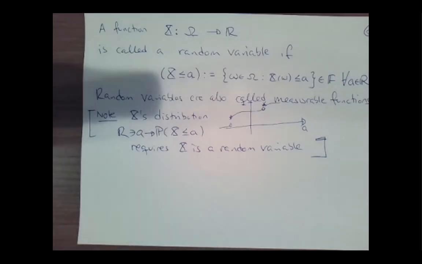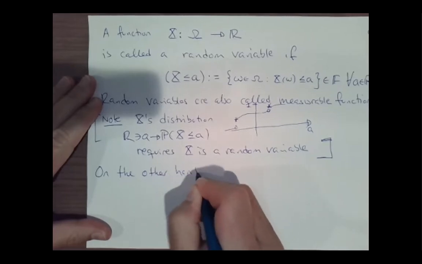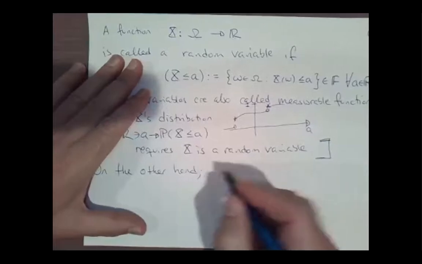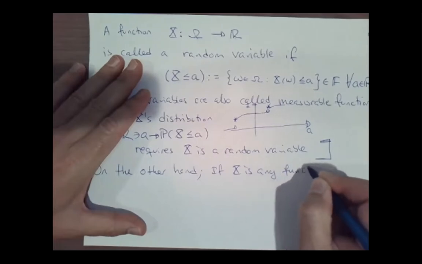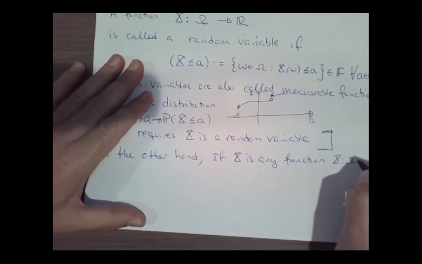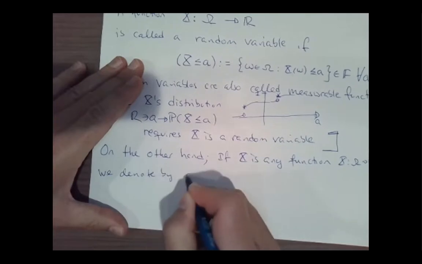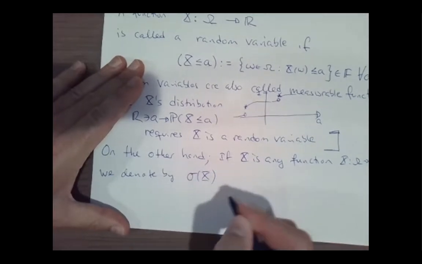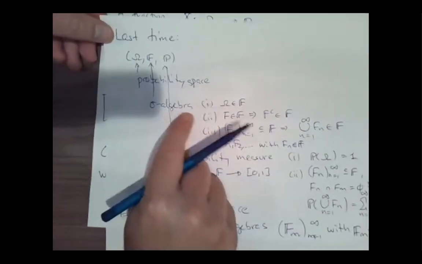Okay, so we have a random variable. On the other hand, if X is any function, so X always goes from omega to R, we denote by, again, this sigma of X. Remember that letter sigma signifies something about the sigma algebra.